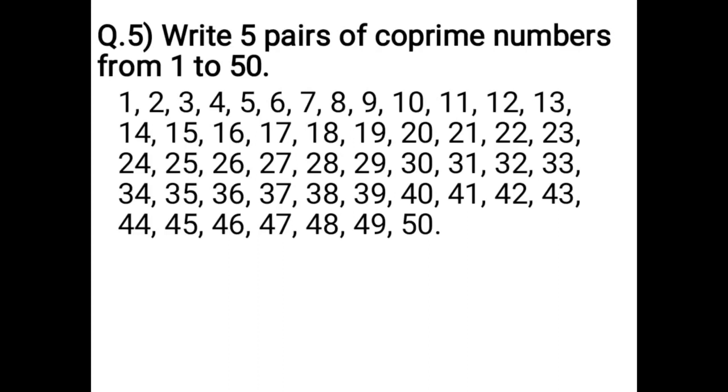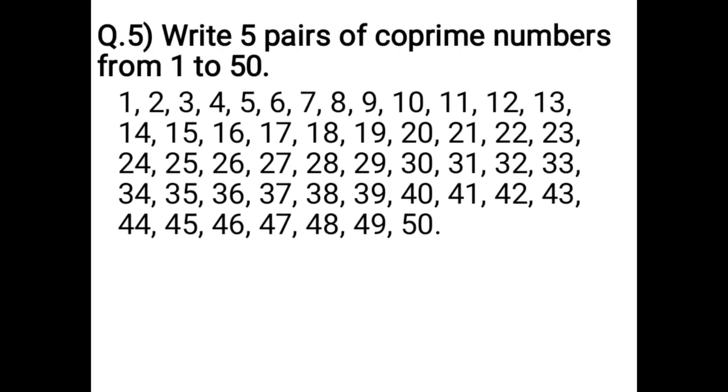Now you already studied co-prime numbers. Practice set question number 2. If you want to choose pairs of co-prime numbers, there should be only one common factor. Any number you can choose, but you have to choose two numbers. One pair, two numbers you have to choose. Okay.